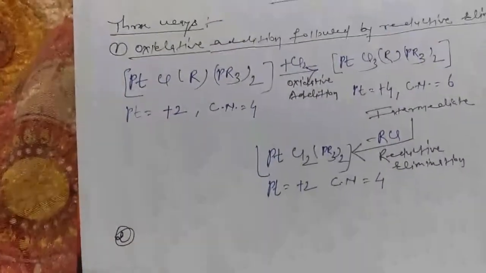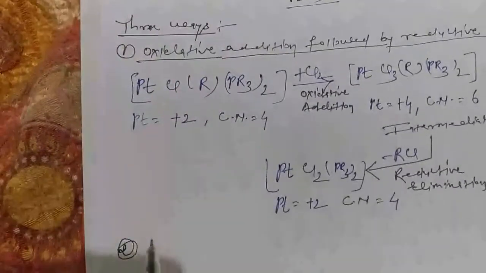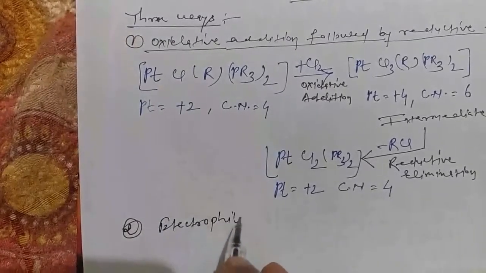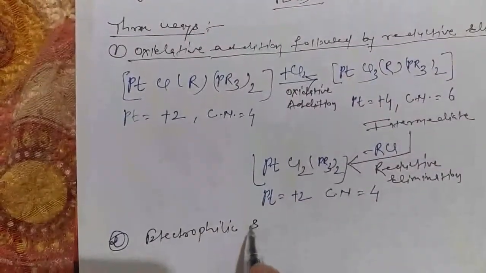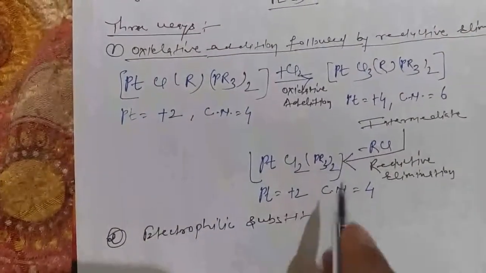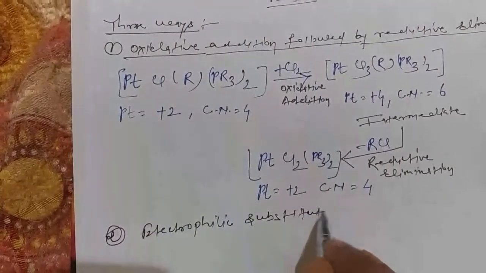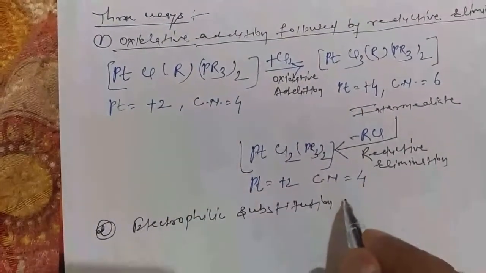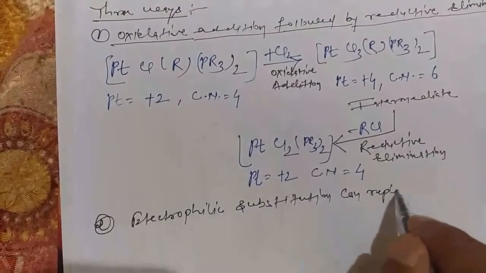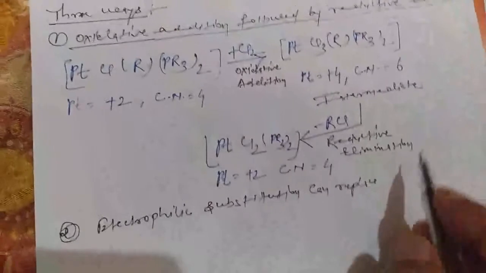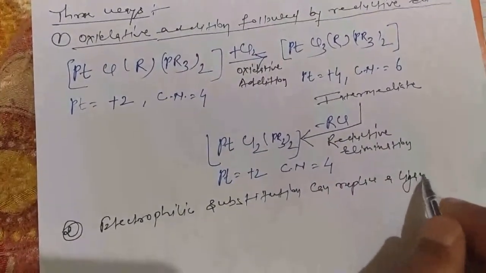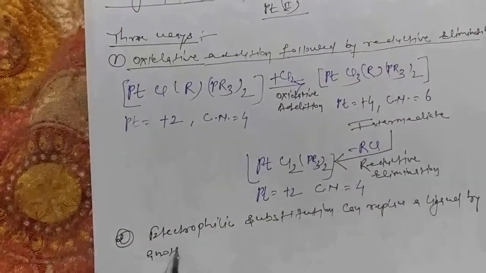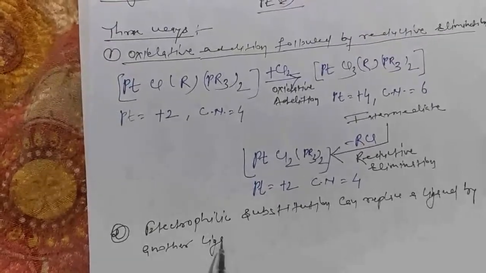So the second type is electrophilic substitution. Electrophilic substitution can replace a ligand by another ligand.